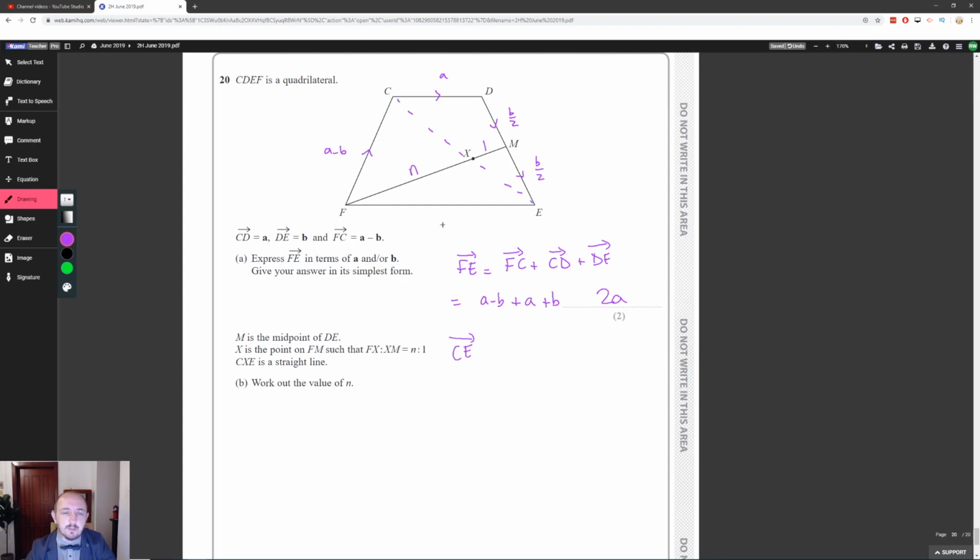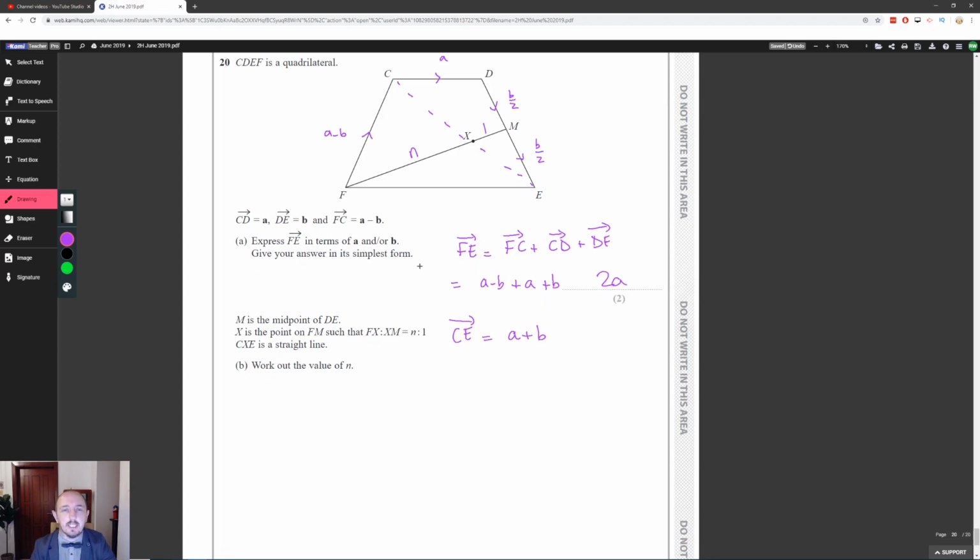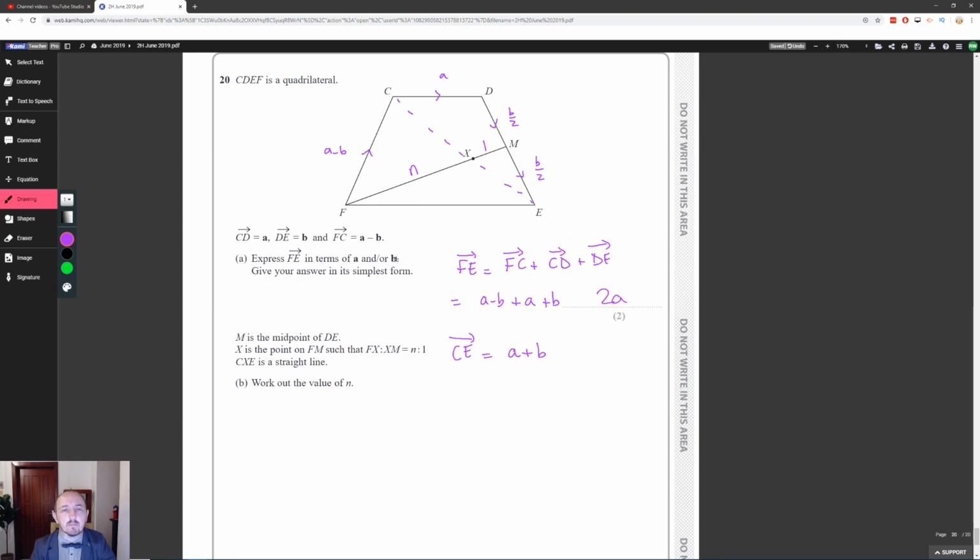C to E is A plus B. And another vector contained within that straight line could be C to X or X to E. Well, both of those are tricky, so we're going to need FM to help us out as well.